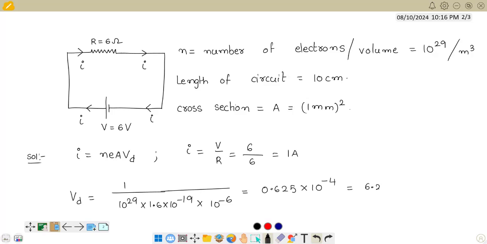So I'll write 6.25 into 10 power minus 5 meter per second. Once we got the drift speed, the energy gained by the electrons, we can think all the energy gained by the electrons is simply the kinetic energy of the electrons.